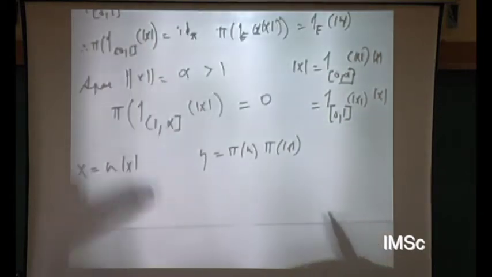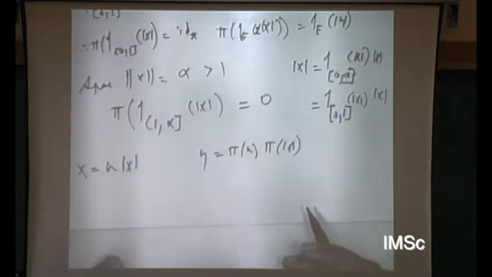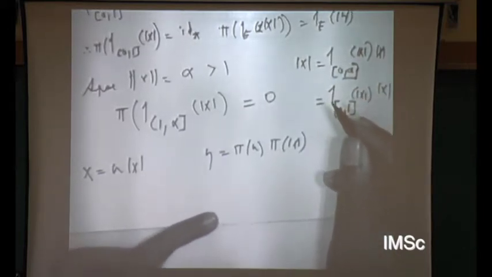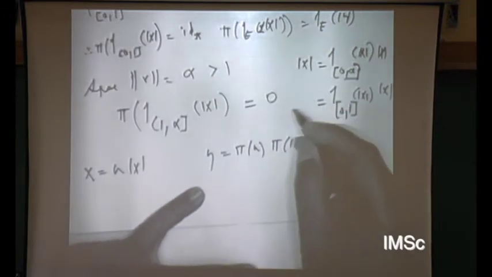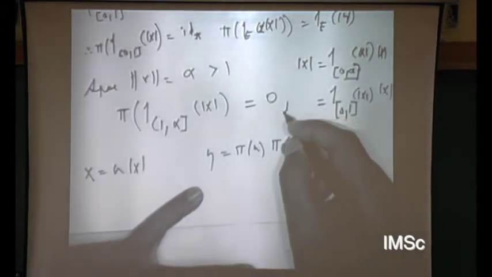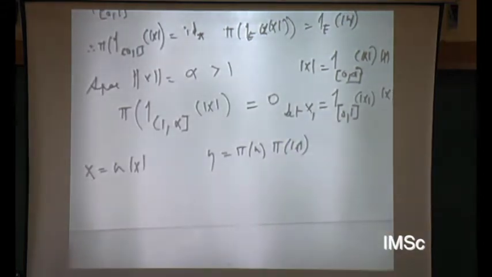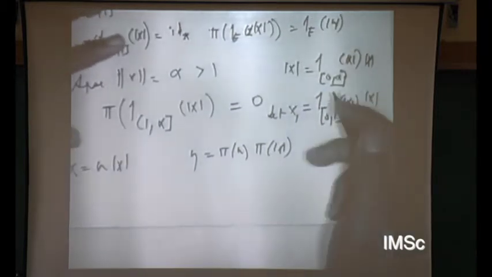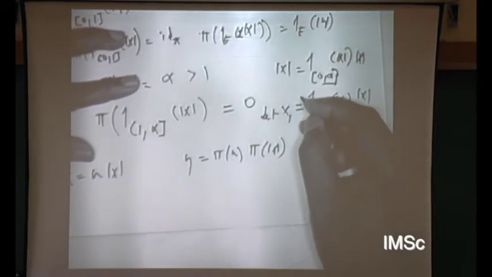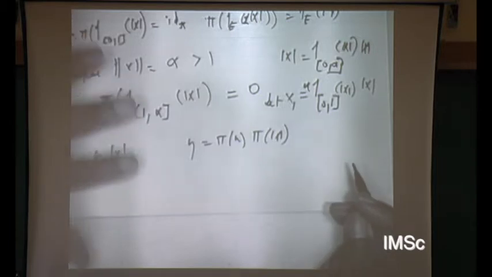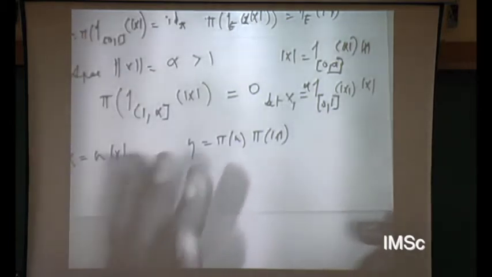No, that is not what I want to say. So I'm saying let x1 be this. Let x1 be not this, but u times this, because x was u times mod x.